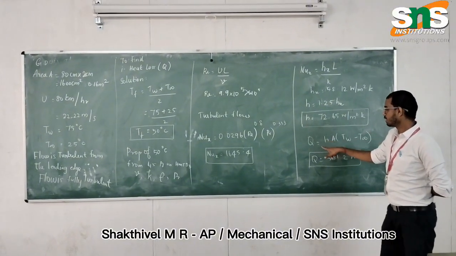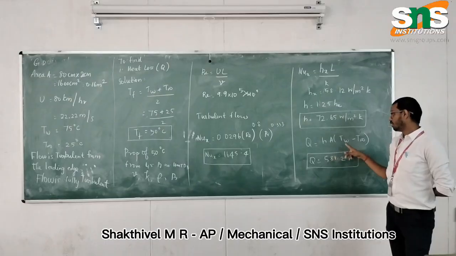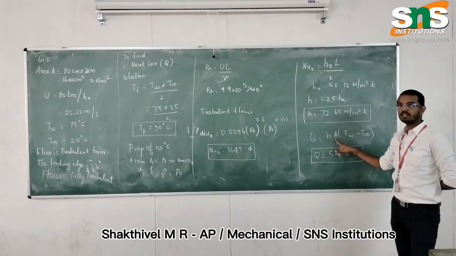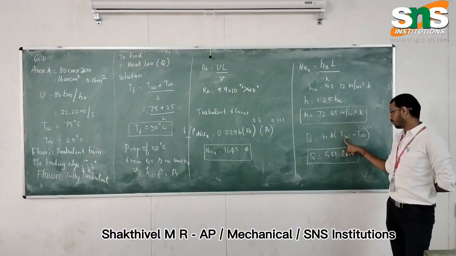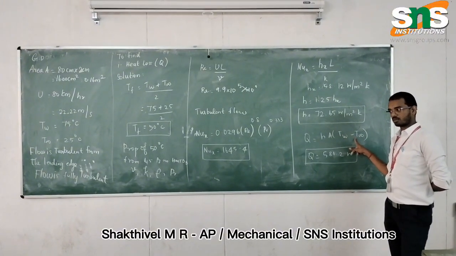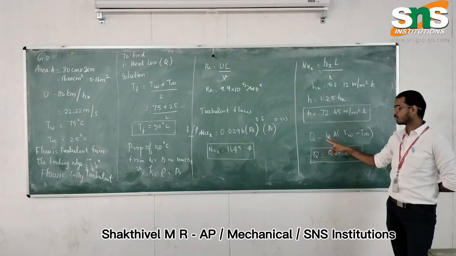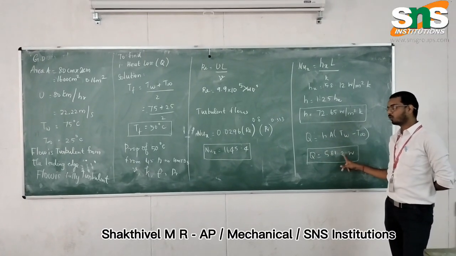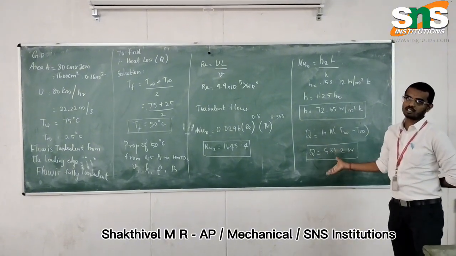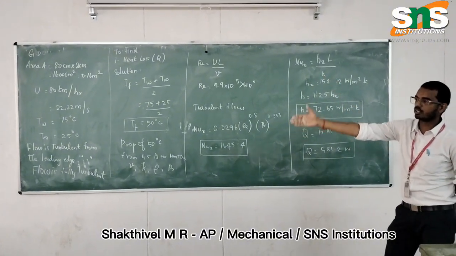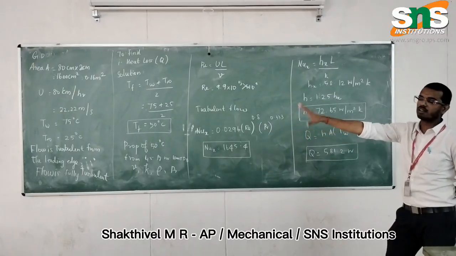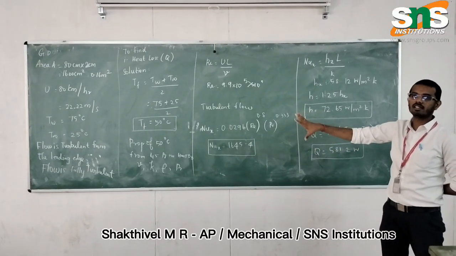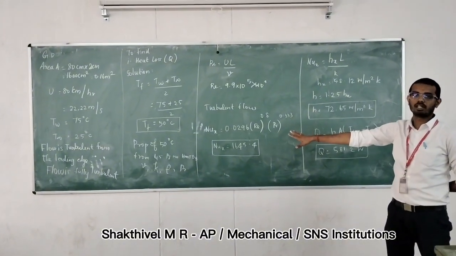Then by using Q is equal to h A (Tw minus T infinity), that is the heat transfer coefficient, area, surface temperature and surrounding air temperature, we substitute all the values and get 581.2 watts. So this much heat is lost from the crankcase. The flow is fully turbulent, and this is the example for fully turbulent flow. Thank you.